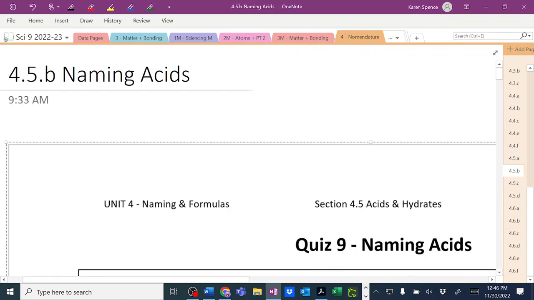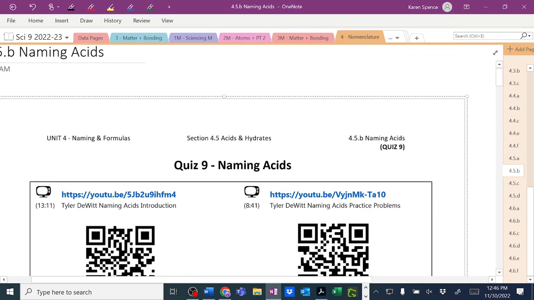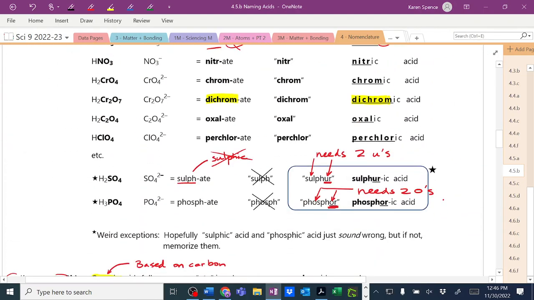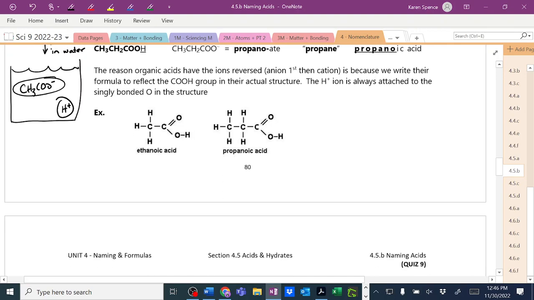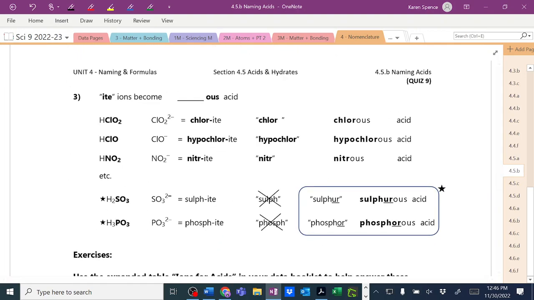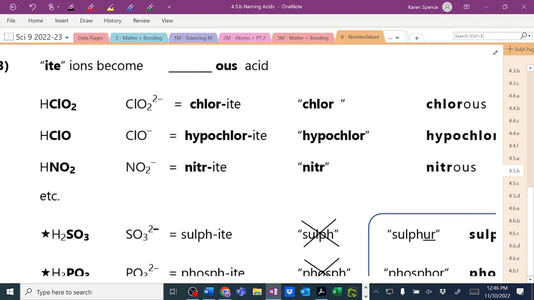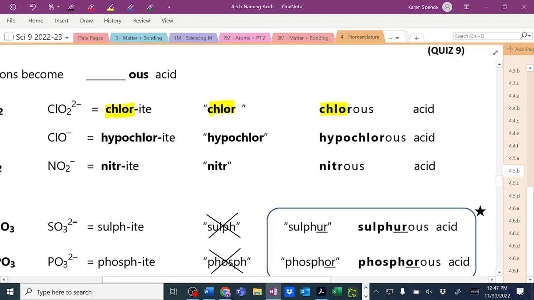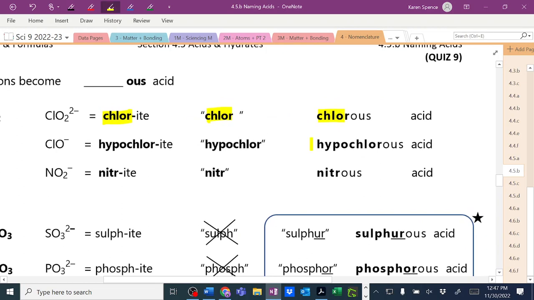So that is how you name your acids. Okay? Last group of acids is our ite ions, and ite ions become ous acids. So we have chlorite becomes chlorous acid. Hypochlorite becomes hypochlorous acid.